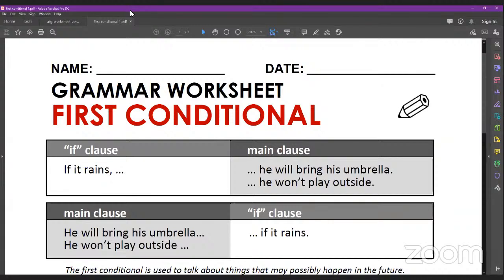All right? So, guys, focus on the structure. Remember, la estructura son dos cláusulas, 2 different clauses.